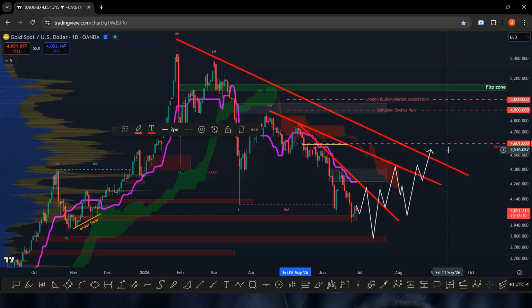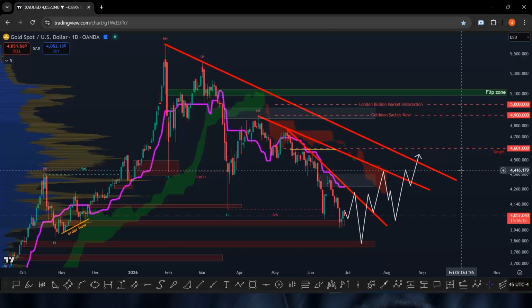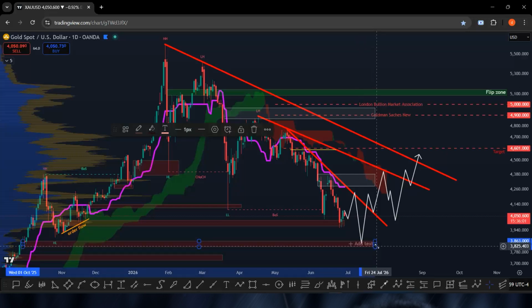I'm not recommending to invest in gold right now, but if you wanted to buy gold, you'd probably be better to wait around 3,800.